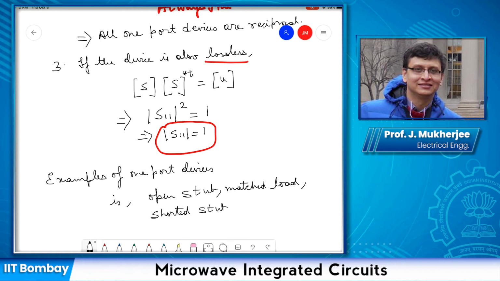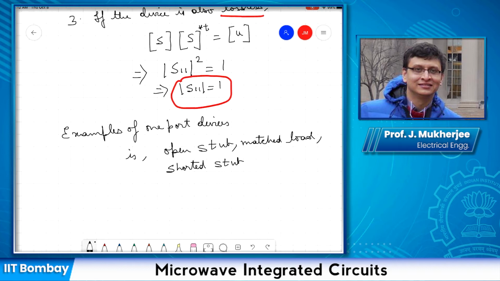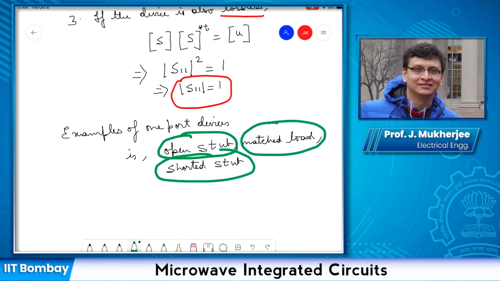These are all examples of one-port devices. So these we have already seen, right? We have seen what is an open stub, what is a matched load, what is a shorted stub. Now here we will actually see how they can be made.